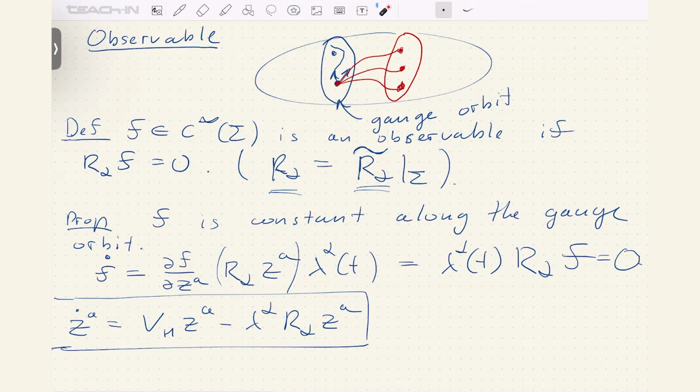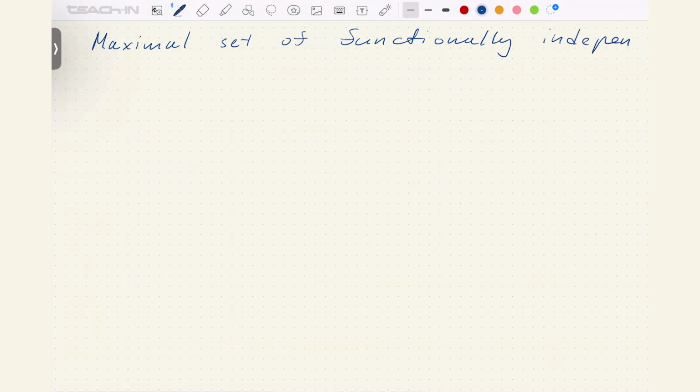Good. So what do we do for this? A useful way to check it is to introduce a maximal set of functionally independent observables.